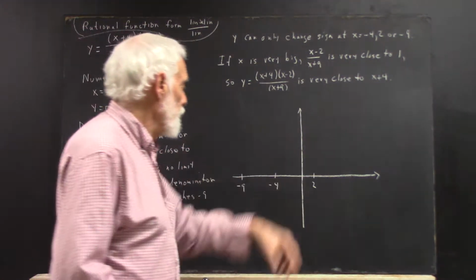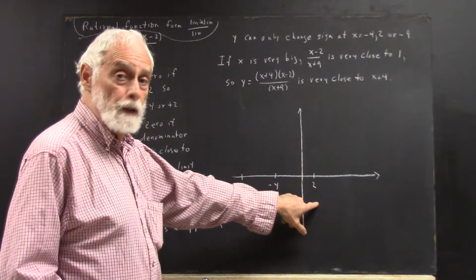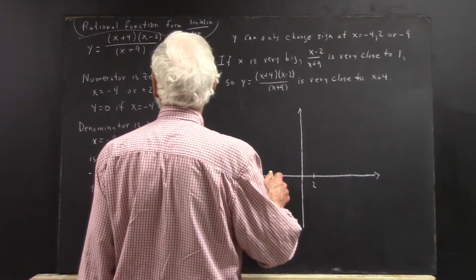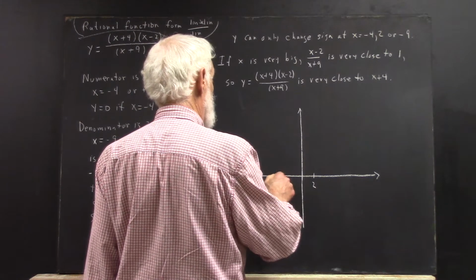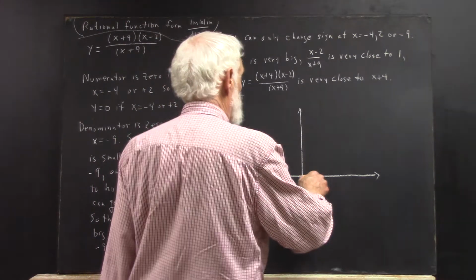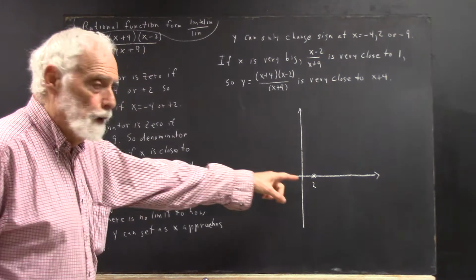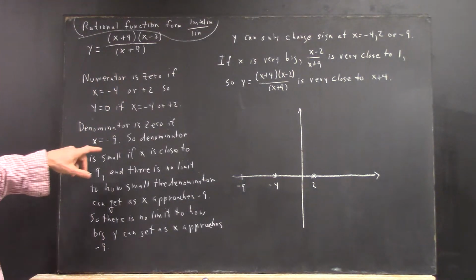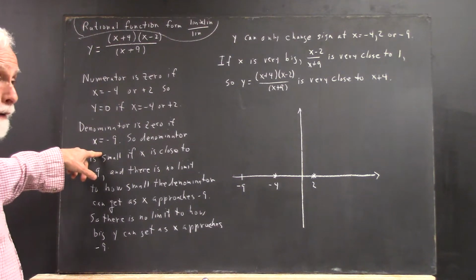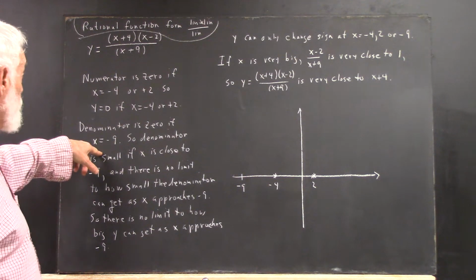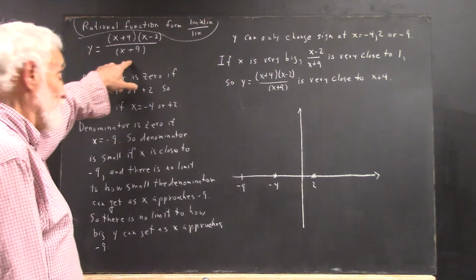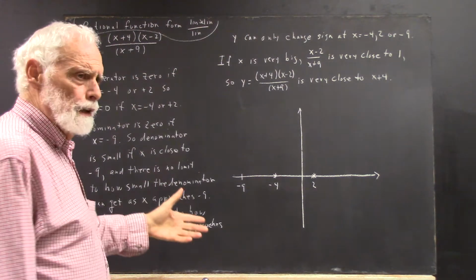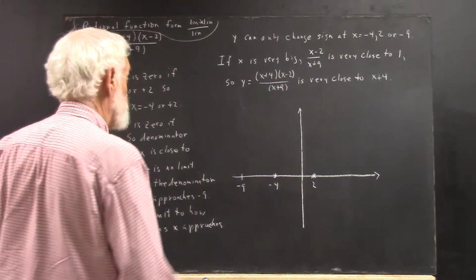Now, over here is a graph where I've depicted the three values of x that make the linear factor 0. And at x equals negative 4 and x equals 2, we have zeros. Now let's think about the denominator. The denominator is 0 if x equals negative 9, but as I implied just a minute ago, division by 0 is undefined, so x equals negative 9 is not a legal value.